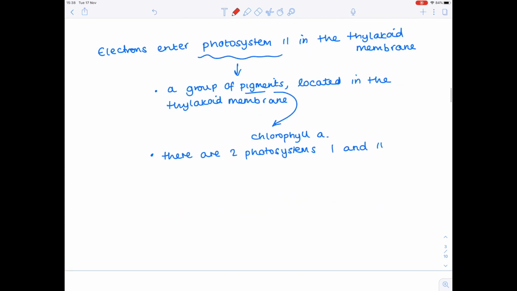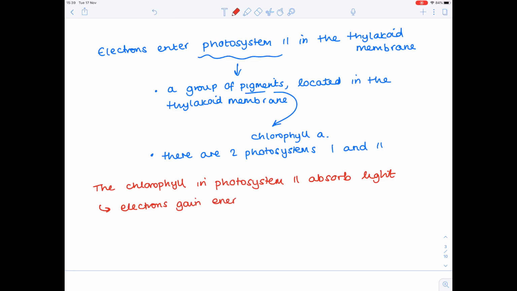The chlorophyll in photosystem 2 absorbs light, and when they absorb light, the electrons gain energy or become excited. The absorption of this light causes a process called photoionization of chlorophyll, which releases the excited electrons into a series of proteins called the electron transfer chain.